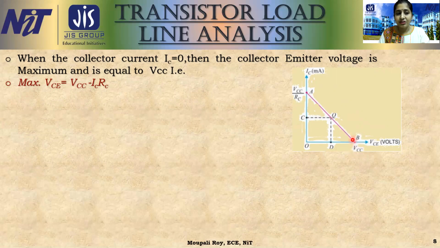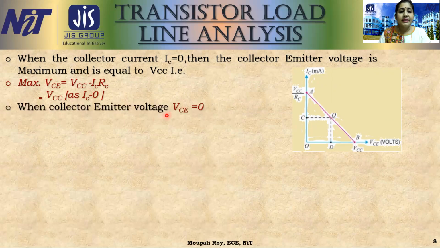As IC equals 0, the term IC into RC becomes 0, because it is multiplied by 0. So VCE equals VCC, and we get this point.